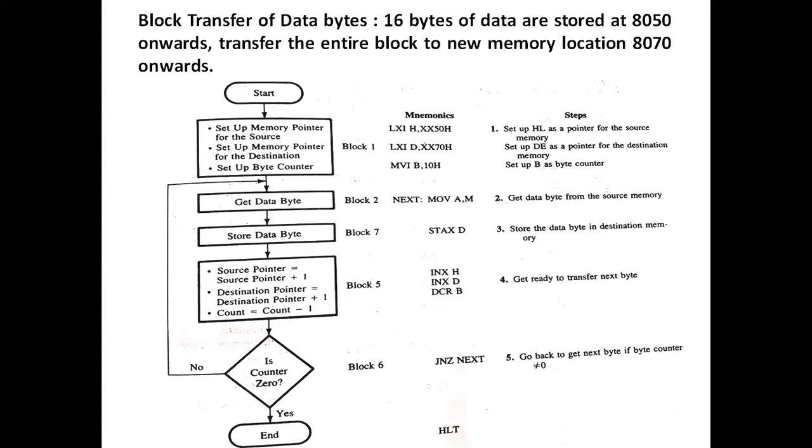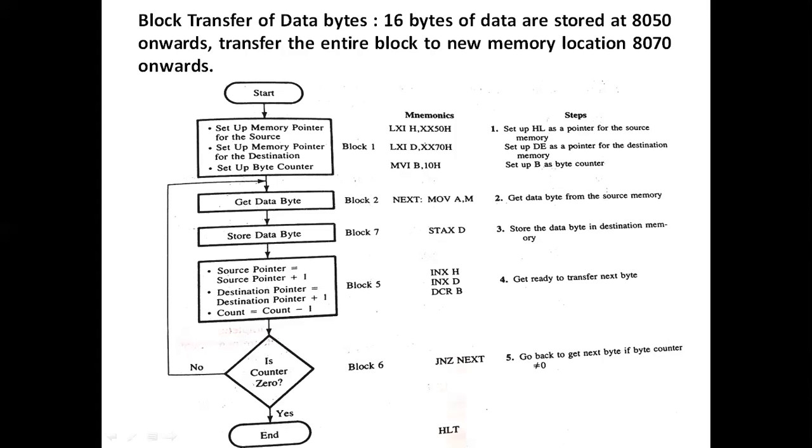If we have to transfer 8 bytes, there will be a loop which runs 8 times only, and then the program finishes. If we have to transfer 10 data bytes, the loop will be executed 10 times, and then it should finish. That is why it is necessary to set up a counter.